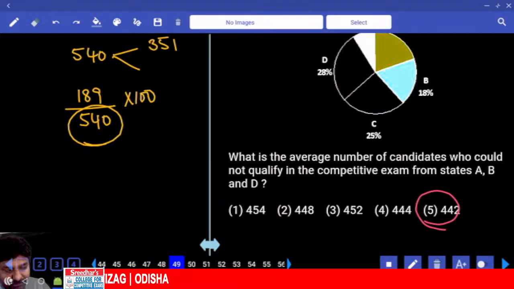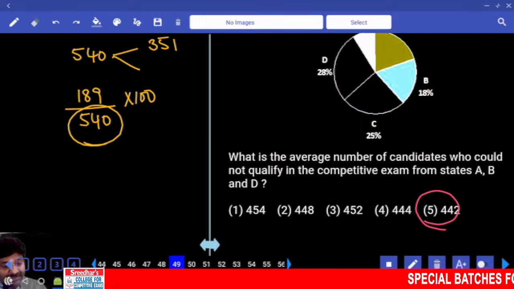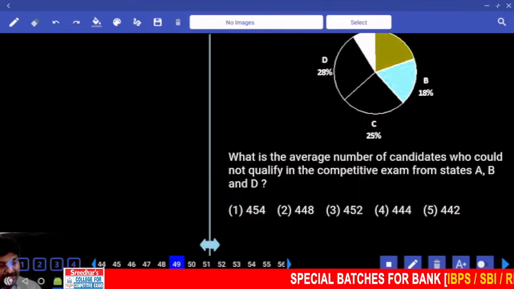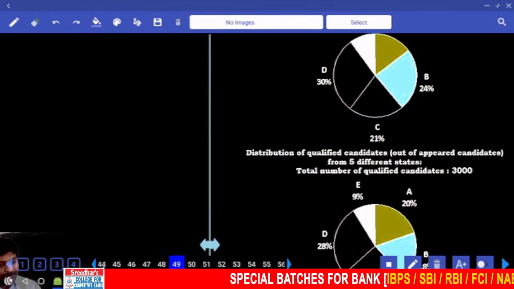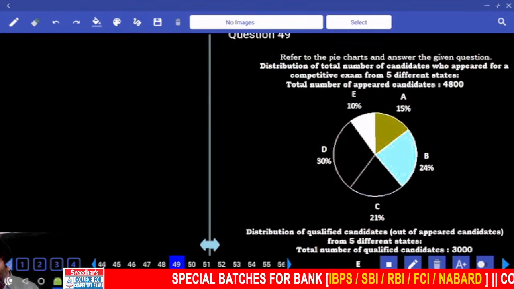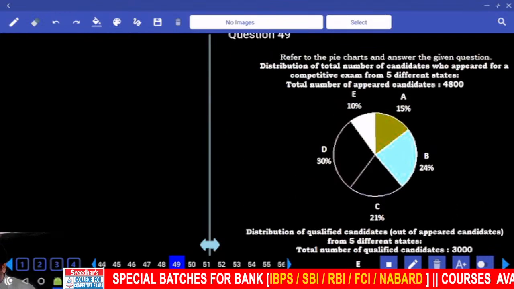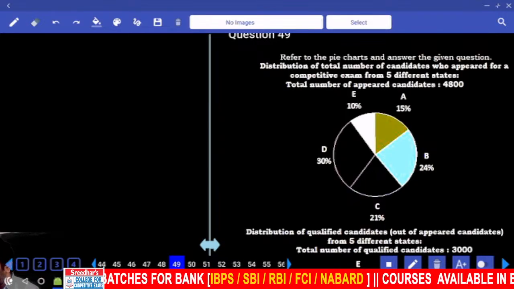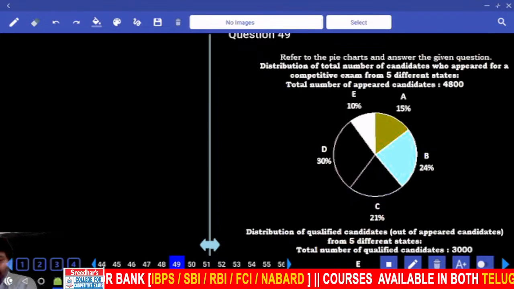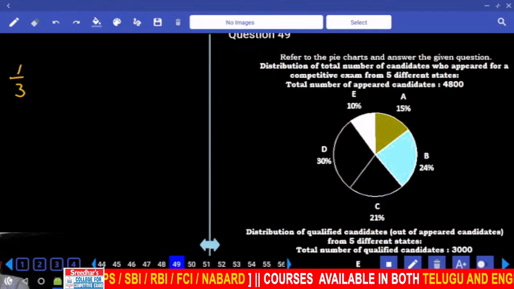What is the average number of candidates who could not qualify in the competitive exam from state A, B, D? A, B, D, not qualified. Total minus qualified only. But we were asked to calculate average. Right? Because this is about average, let me write 1/3 first of all.